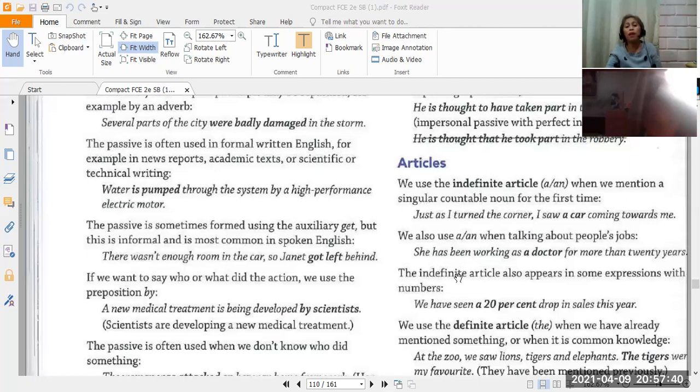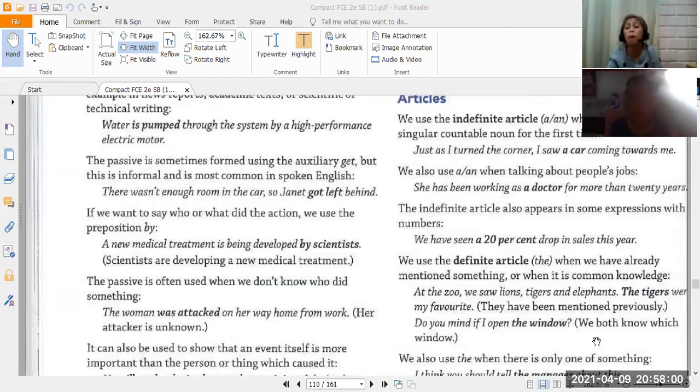Okay? Another one here is the definite article. What is the definite article? It is the. The definite article is used when we have already mentioned something or when it is common knowledge.